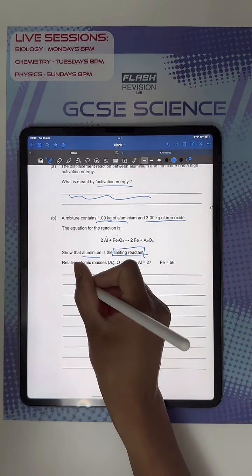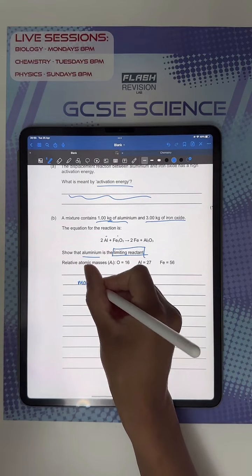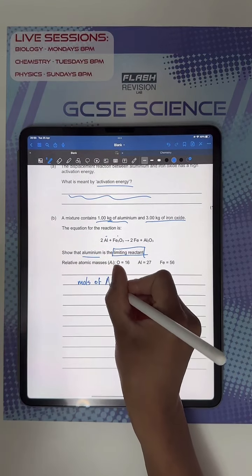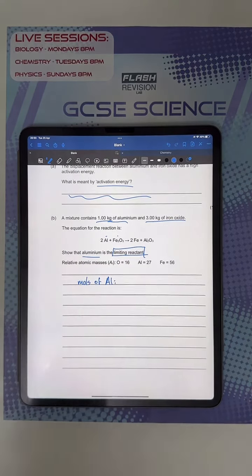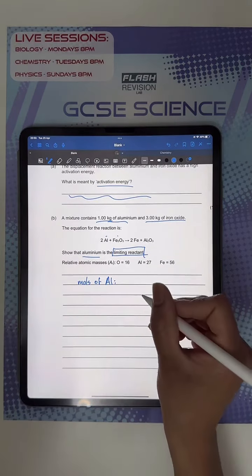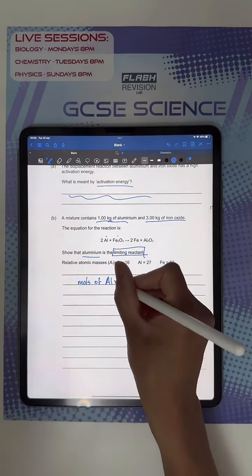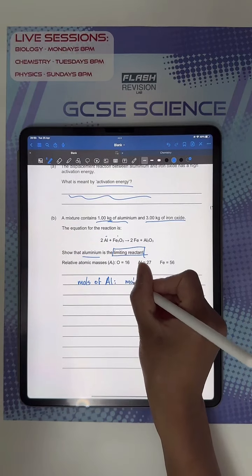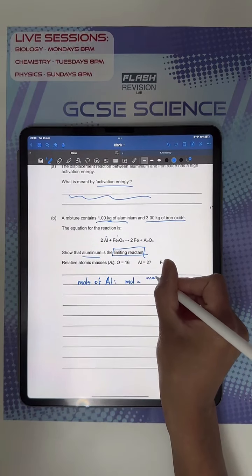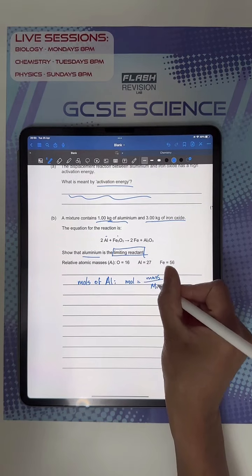So, moles of aluminium. How can we work out the moles of aluminium? You need to find the MR first. Exactly. So find the MR. So we're going to do moles is equal to mass over MR.